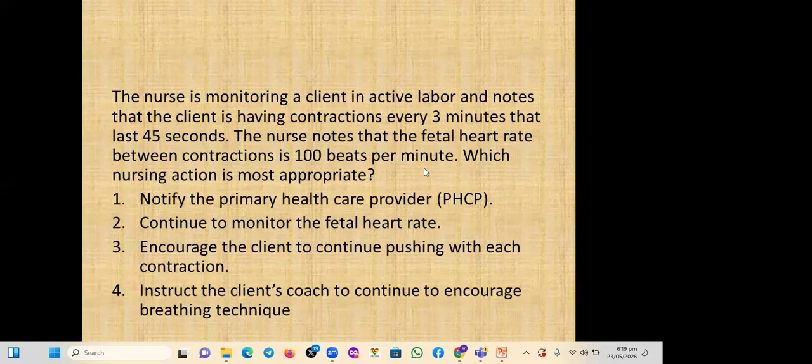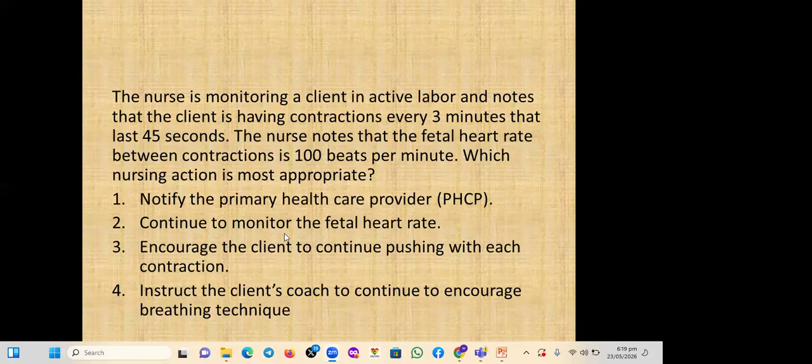Is there anyone to defend his or her answer? It's select only 1. So someone says notify, someone says continue to monitor. So why are we continuing to monitor? And why should we notify the healthcare provider? Those going for continue to monitor and those going for notify the healthcare provider, tell us more on why you're going for it.